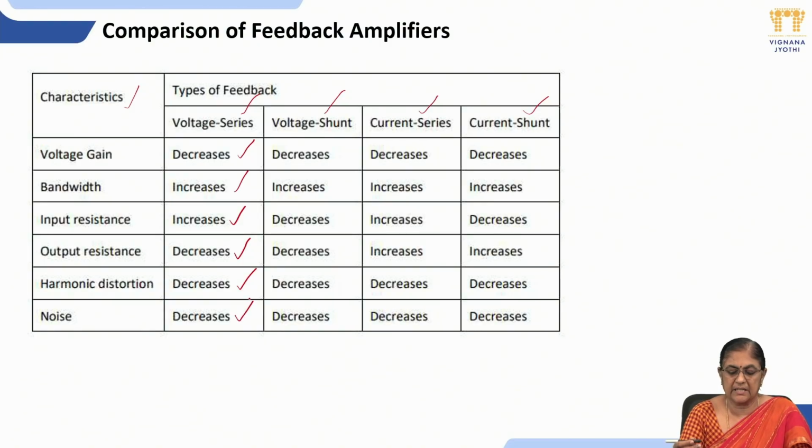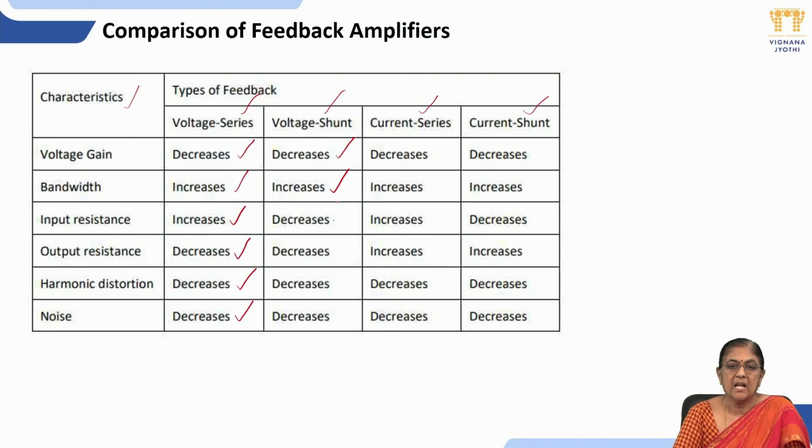Noise also decreases. Coming to voltage shunt feedback amplifier, the basic amplifier is a transresistance amplifier. Transresistance decreases. Bandwidth increases. Input resistance decreases. Why does input resistance decrease in voltage shunt feedback amplifier? The type of mixer used in this amplifier is a shunt mixer.